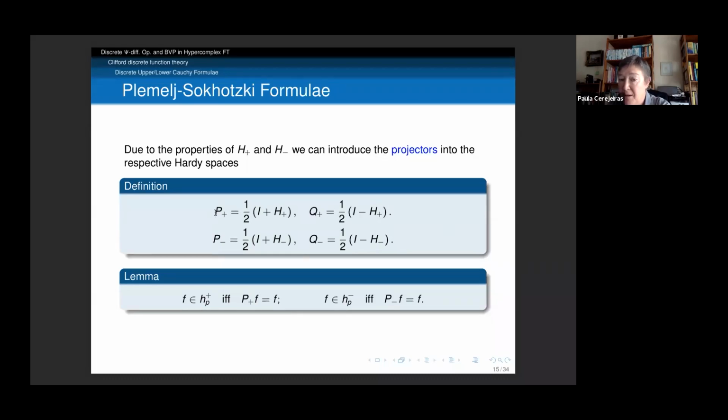These operators, the projector on the Hardy space, and 1 minus the Hilbert transform: when the mesh size goes to 0, these two glue together, while these two glue together. And you can now define what is a function in the Hardy space, simply implying that the Hardy projector leaves the function invariant.